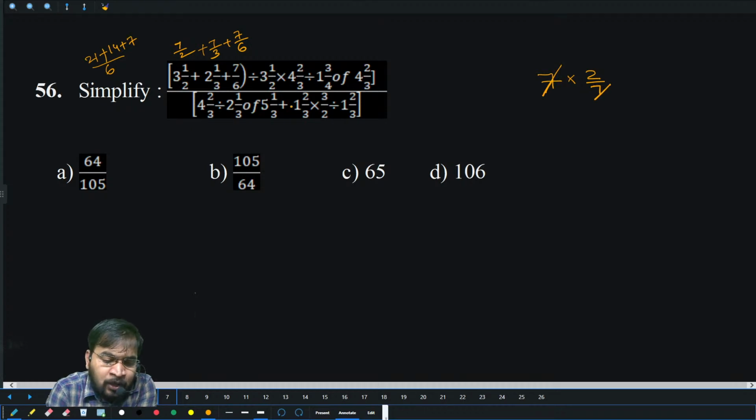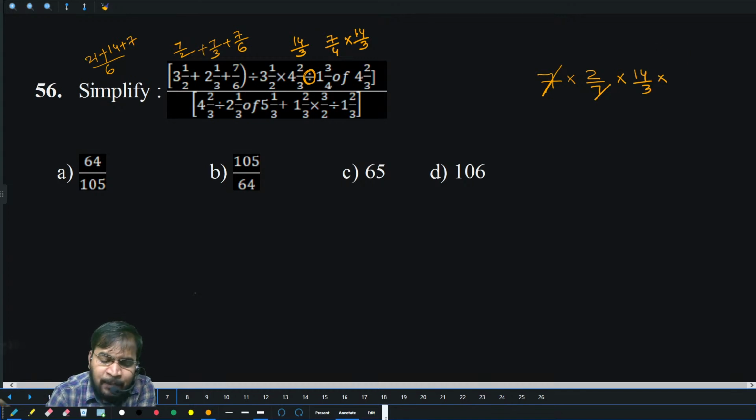Next, 4 2 by 3 we can write as 14 by 3, 1 3 by 4 is 7 by 4, into half, is nothing but into 14 by 3. So this is division. If you go for multiplication, this will be the reciprocal.